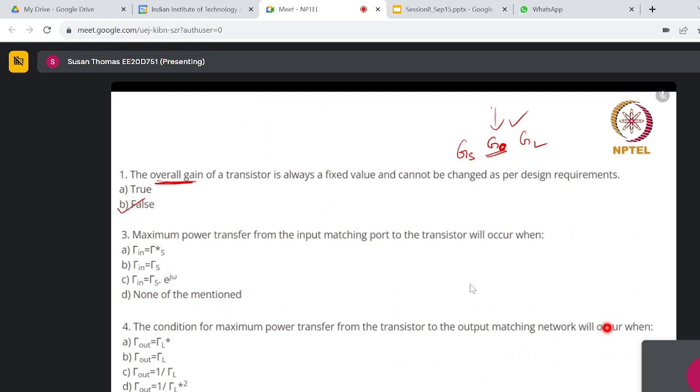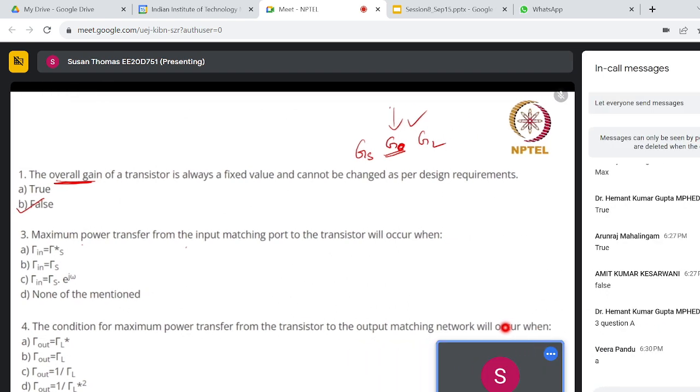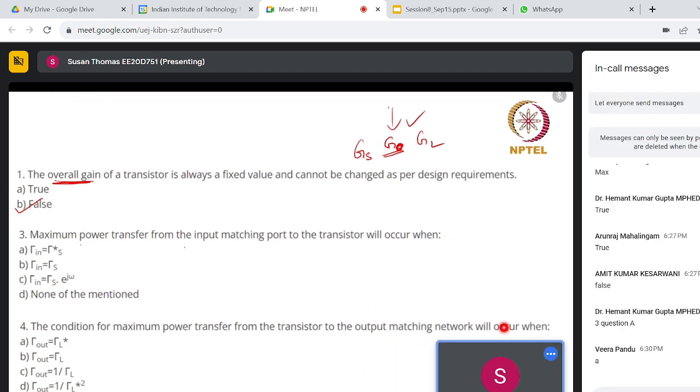Okay, madam. So now going to the next question. Maximum power transfer from the input matching port to the transistor. So you can imagine from the input matching network to the transistor, when will the maximum power be transferred? Very simple question. I request everyone to answer this. Yes, you are right.